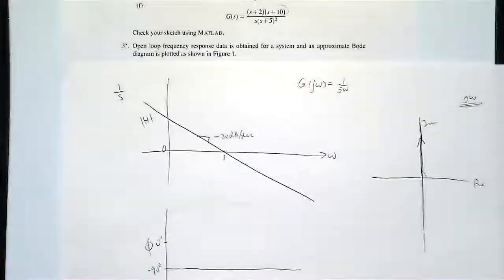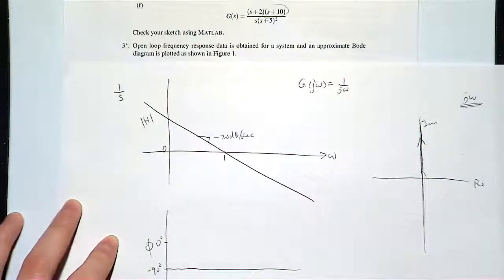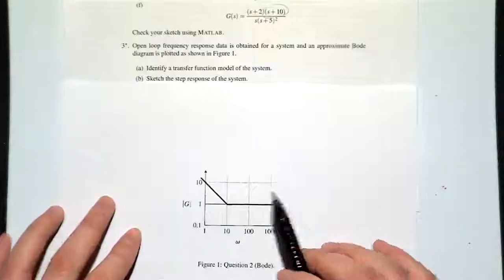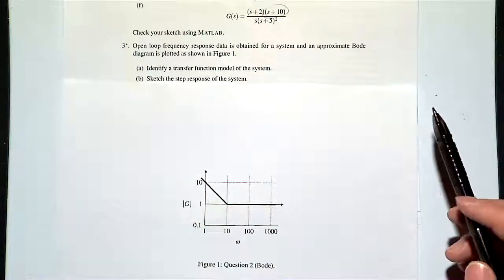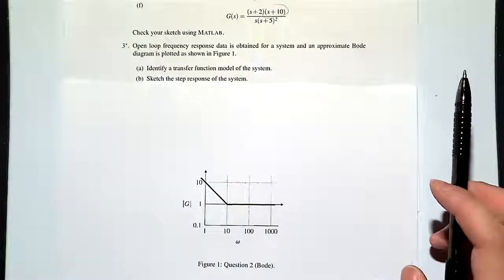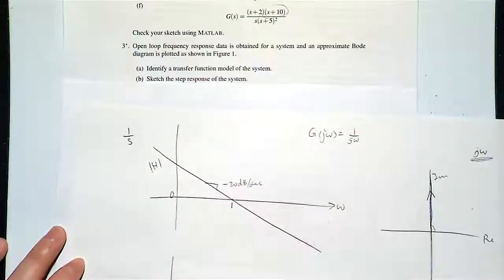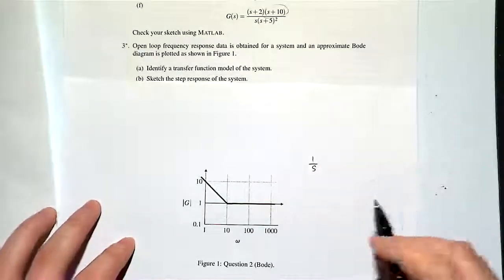And here comes a pole at origin, right? And it acts like a decreasing line throughout all the frequencies, right? So here, if you're on this decreasing trend at the beginning, you have to get a pole which is at origin, right? So which means you know that you have 1 on S in your transfer function, right?